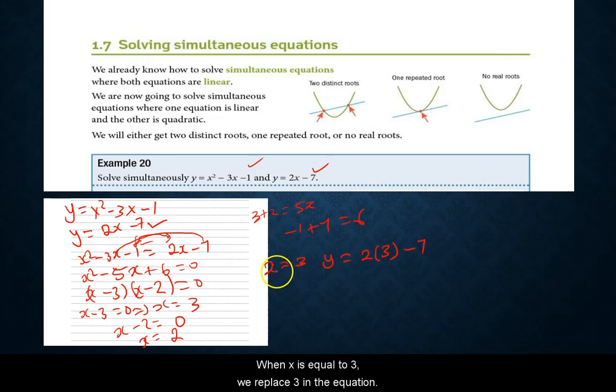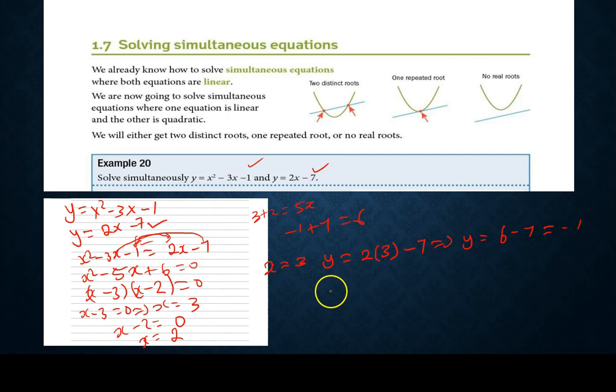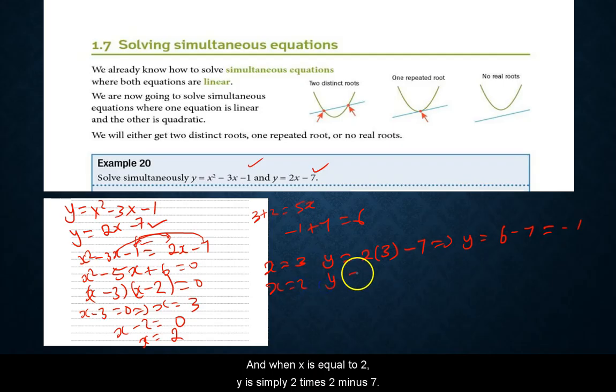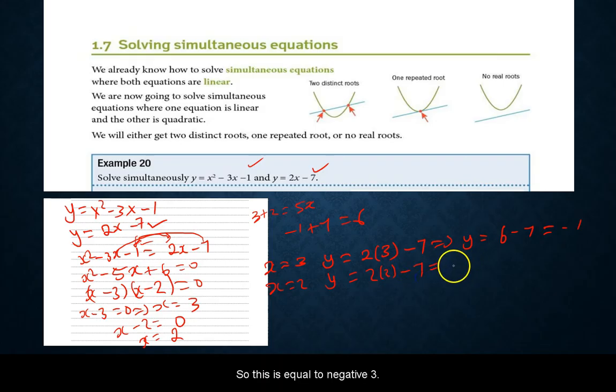So when x is equal to 3, we replace 3 in the equation. y is equal to 6 minus 7, right? So this becomes negative 1. And when x is equal to 2, y is simply 2 times 2 minus 7, so this is equal to negative 3.